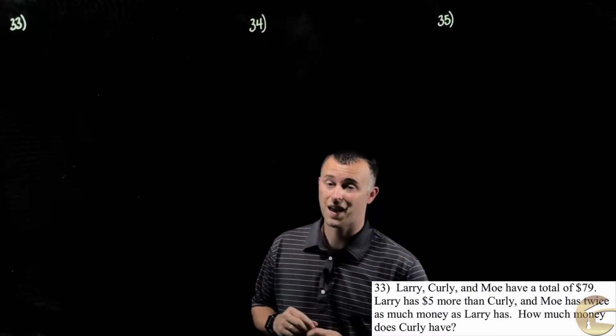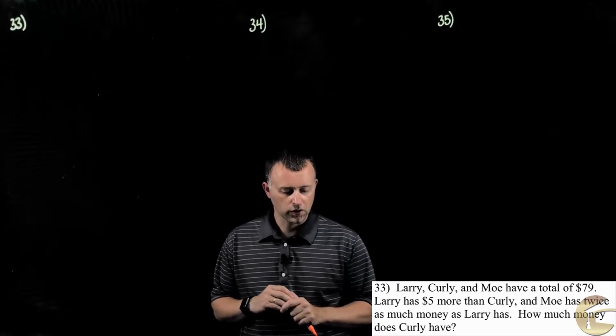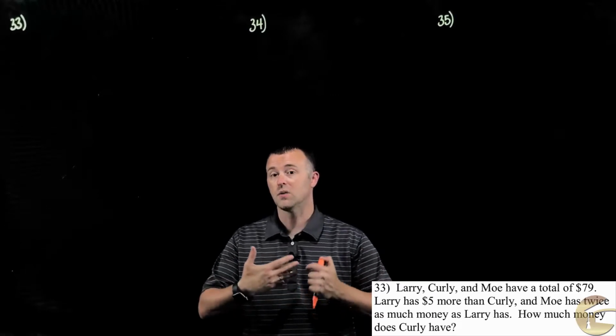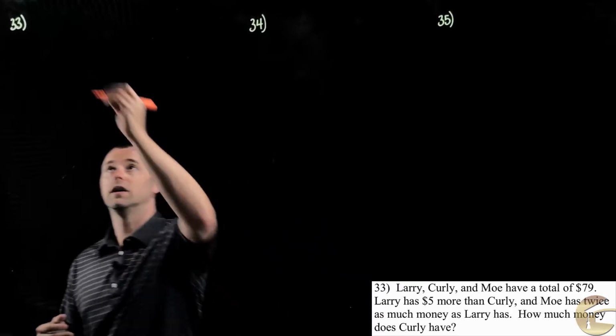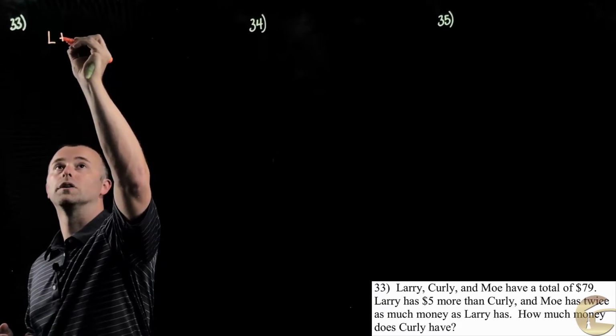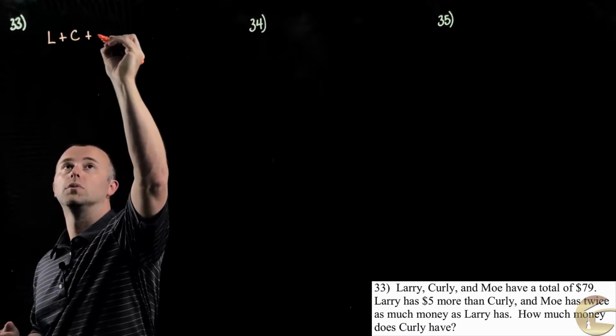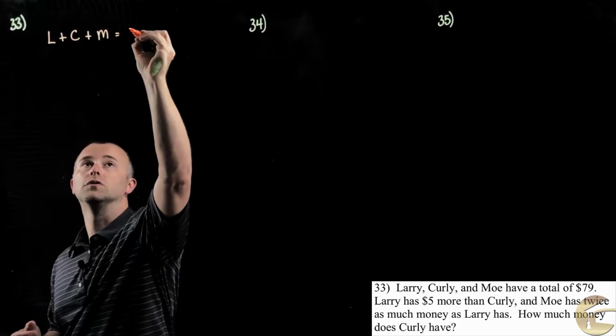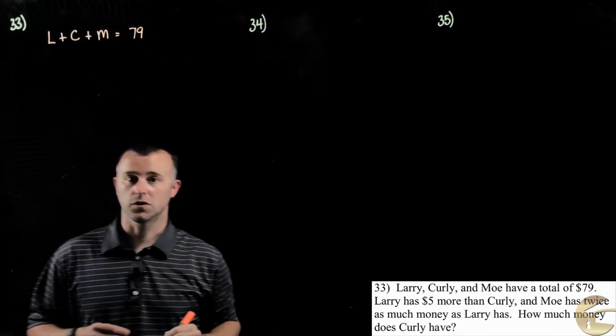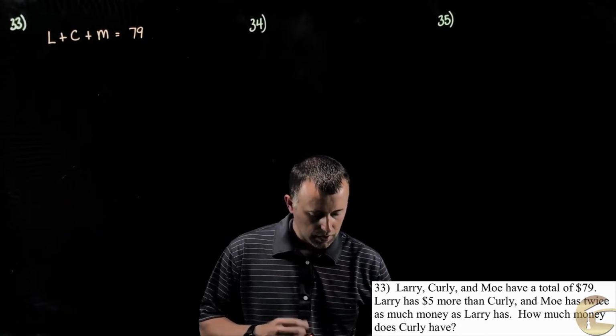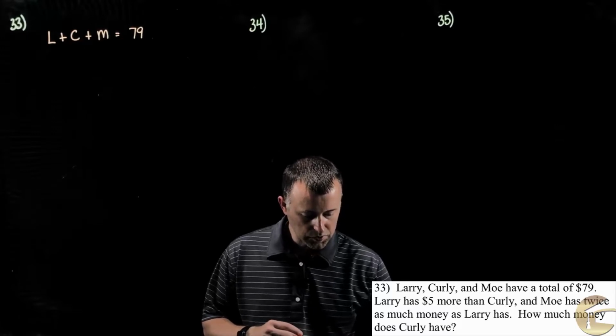Number 1 is that quantity. So Larry, Curly, and Mo, they just have $79. That's how much they have. So I'm going to say Larry, so L plus Curly, C, plus Mo is equal to 79. That's your first equation. That's a quantity equation. Next, Larry has $5 more than Curly.